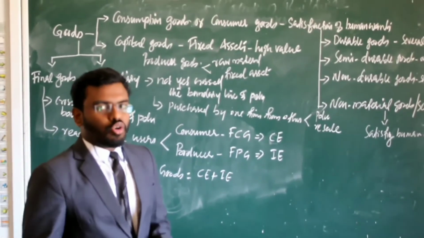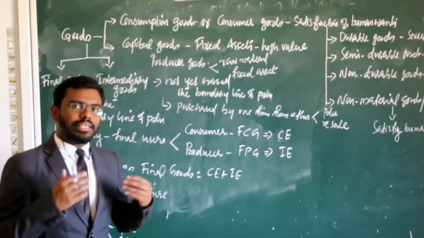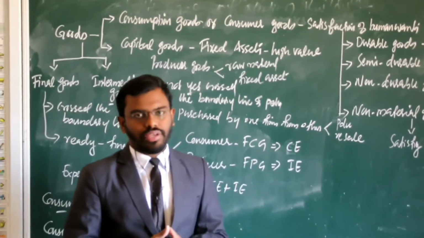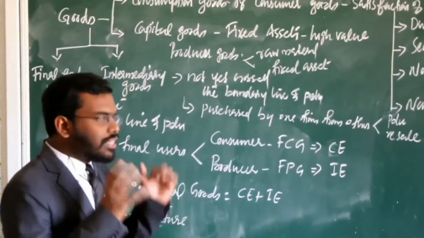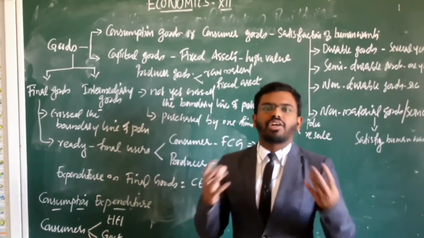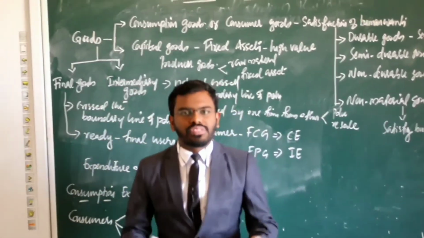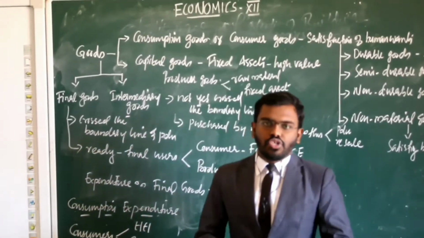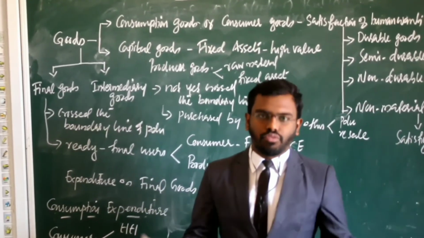Coming to our next topic, that is basic concepts used in macroeconomics. Under this topic we will discuss some basic concepts which are regularly used in macroeconomics. The first concept is types of goods.